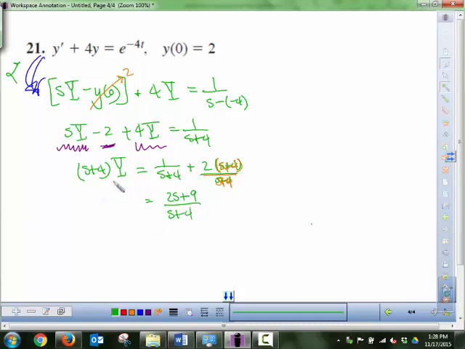And then I want to bring this over to the other side, so I'm just going to divide it by s plus 4. So I get this, s plus 4 squared.